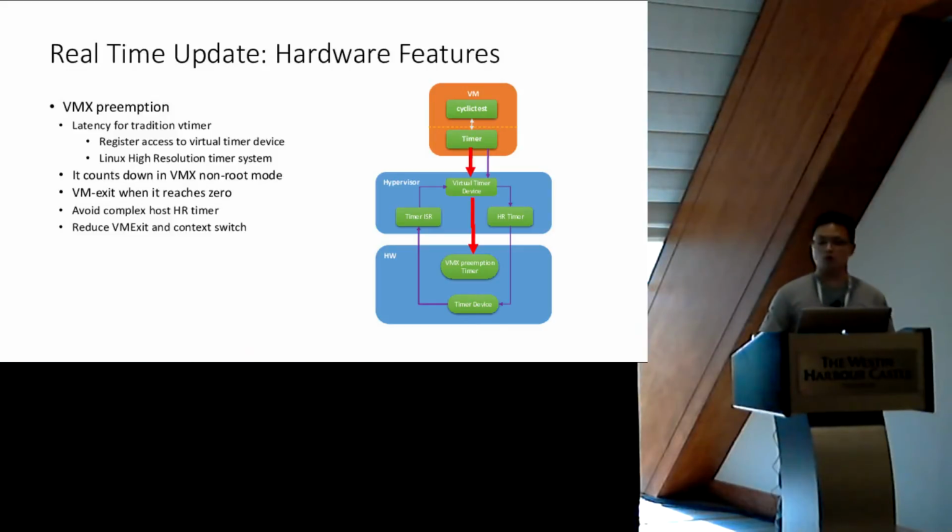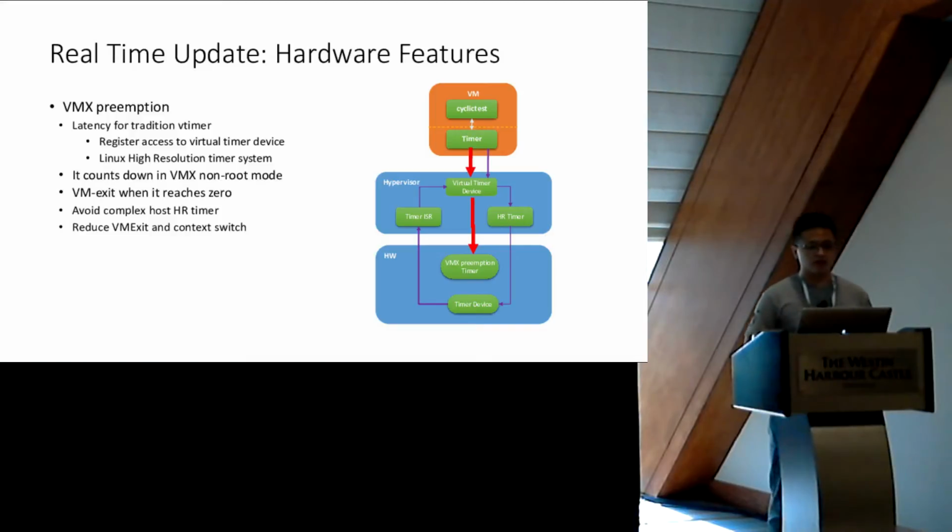Then it calls HR timers to set up the timer for the virtual timer device, and the HR timer needs to configure the physical timer device. The physical timer device can generate a timer IRQ. The timer callback can signal the vCPU thread. After the vCPU thread is running, the timer IRQ can be injected into the VM. This is a very long path.